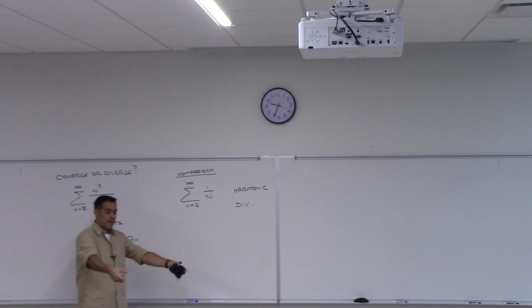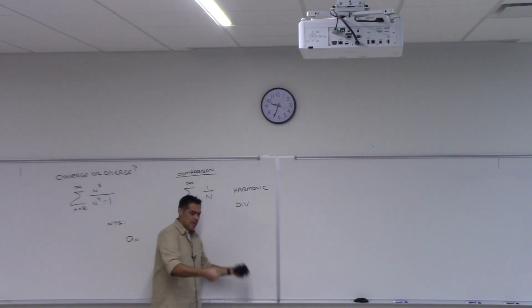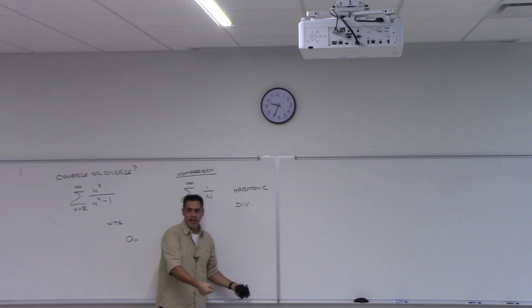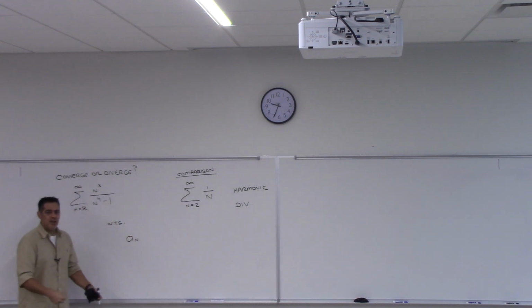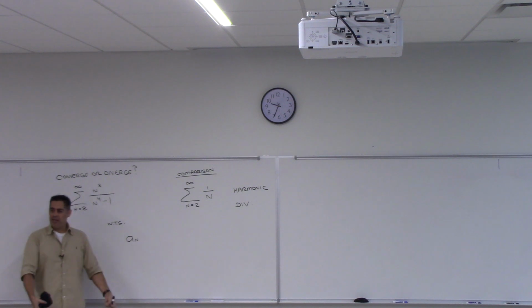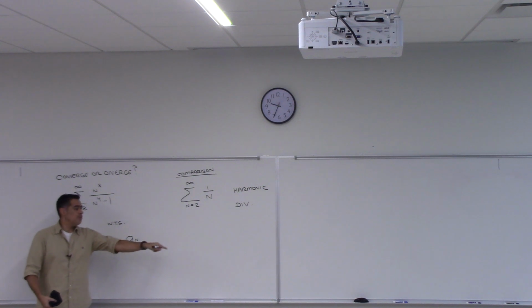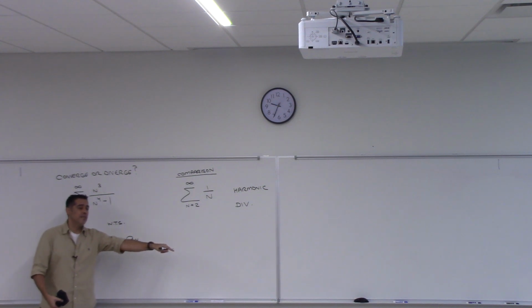So if I have a bucket of numbers, and I'm telling you they add up to be infinity, and then over here I have a bucket of numbers, and each of these numbers is smaller than those, can you tell me it adds up to be infinity?